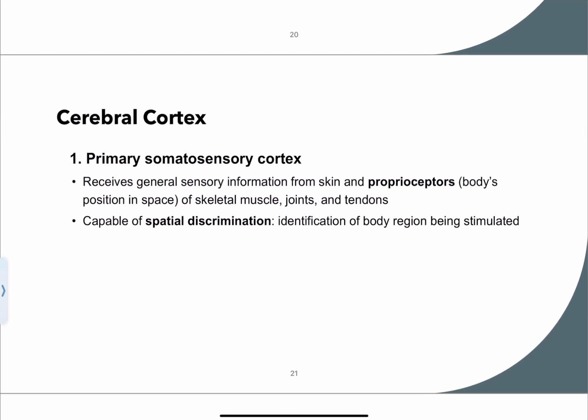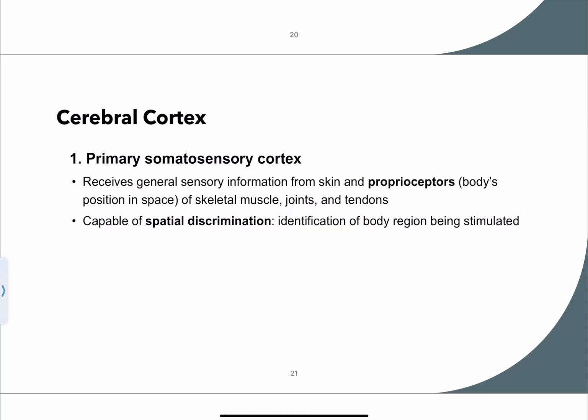So the first one is your primary somatosensory cortex. It's going to receive general sensory information from sensory receptors that we have in our skin, as well as proprioceptors. And proprioceptors are in our skeletal muscle, our joints, and our tendons. And these receptors help determine our body's position in space.